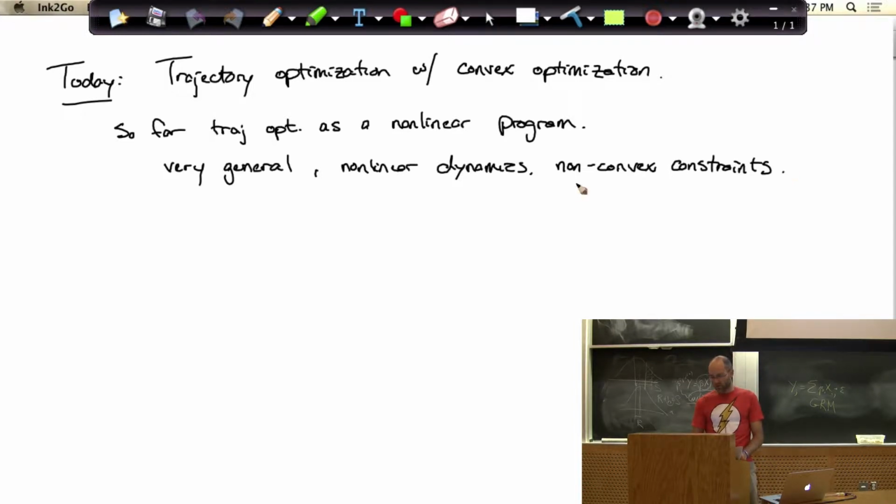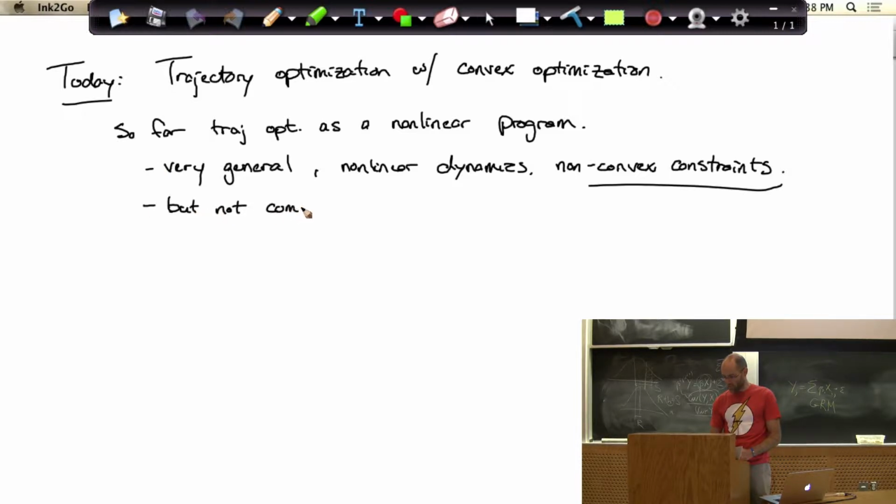For instance, obstacle avoidance, we'll talk more about that today and see how that fits in. But the solvers aren't guaranteed to find a solution, right? You can fail to find a solution even if one exists.